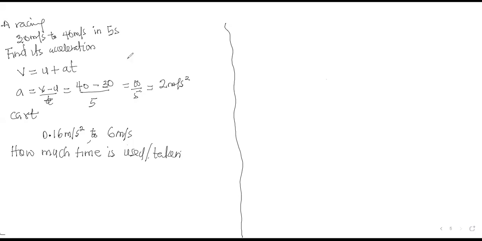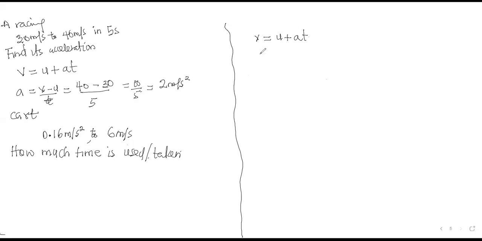So using v is equal to u plus at, we are told that a cart moving at 9 meters per second decelerates uniformly at a rate. So this is the deceleration, and don't forget, deceleration is negative acceleration. So here, because it's a deceleration, a will be negative.